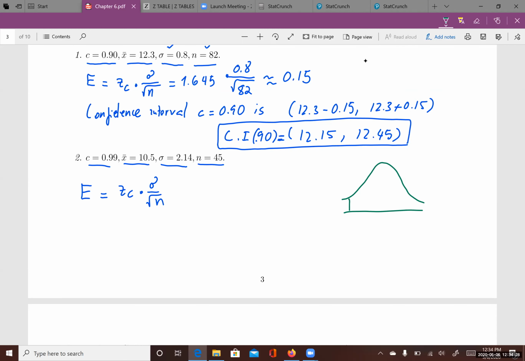If 0.99, which is 99%, is in the middle, then there's only 1% split between the left tail and the right tail, so divided by half you have 0.005 on each side. And the goal is we just need to find the z that corresponds to these two values.